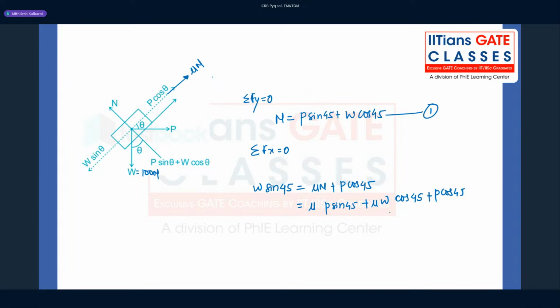So the W terms, you can take them to the left hand side. W is 100, so 100 sine 45 minus mu, which is 0.25 they have given. So 0.25 multiplied by 100 is 25 cos of 45, and that has to be equal to P cos of 45 plus 0.25, the mu value, P sine of 45.